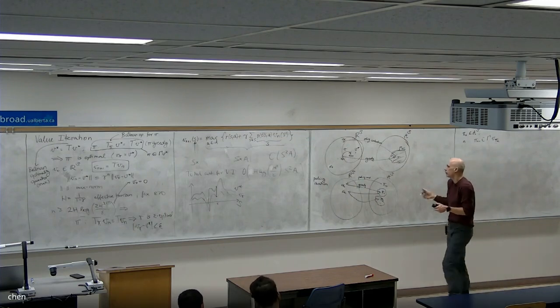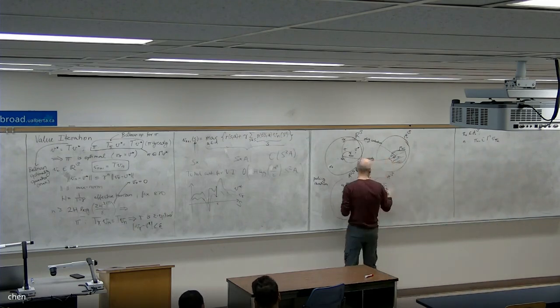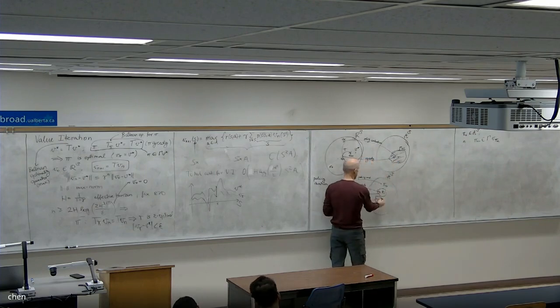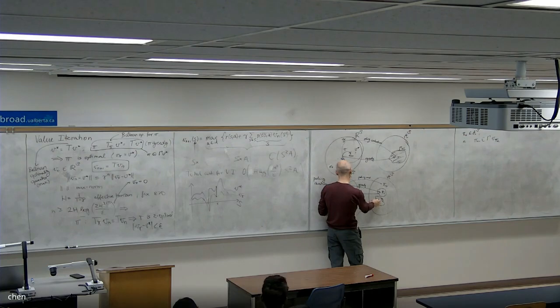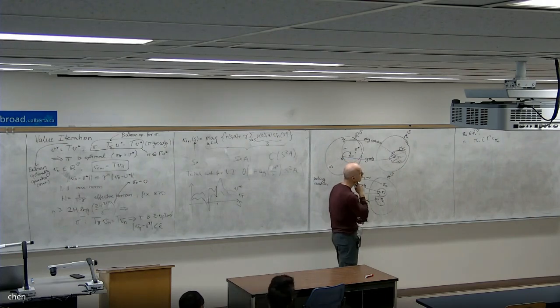So now I'm just focusing on what a policy satisfies here. The next policy, pi 2, is greedy with respect to the previous policy pi 1's value function. This is the greedy operation. Take the policy that's greedy. One line.